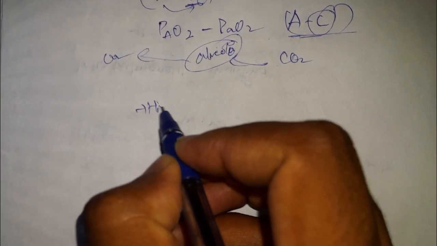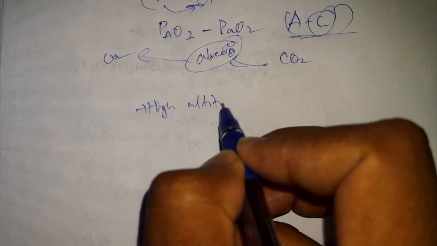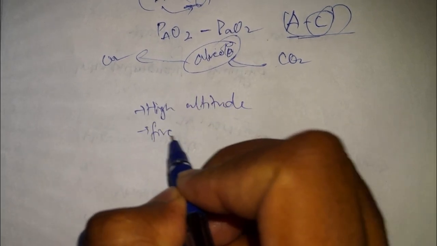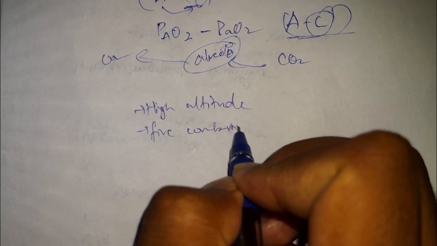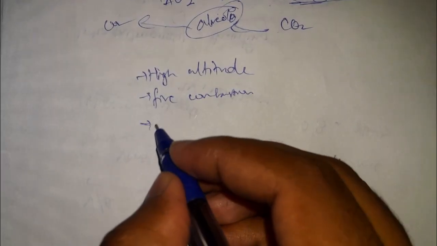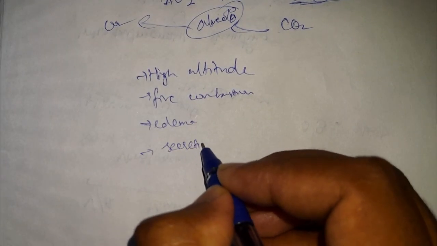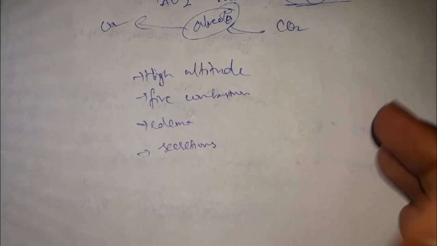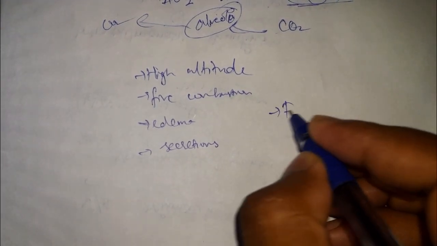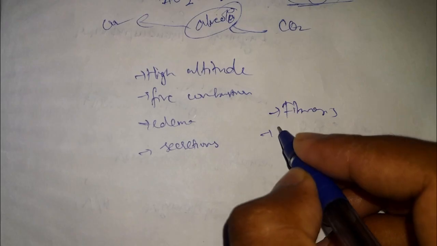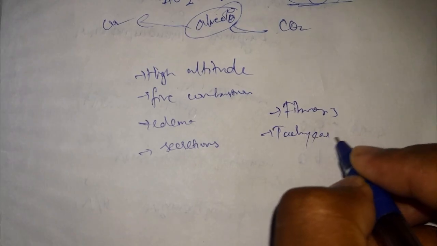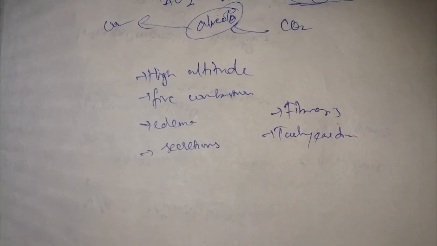Problems in diffusion occur in many areas, like high altitude, fire combustion, pulmonary edema, retained secretions, pulmonary fibrosis, and tachycardia. In all of these the diffusion defect is occurring.